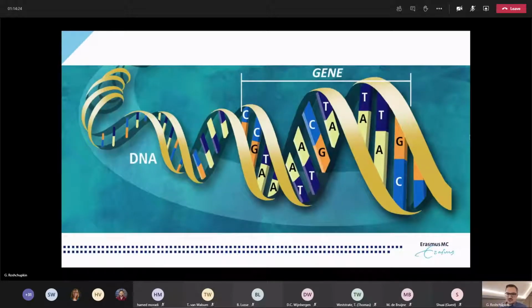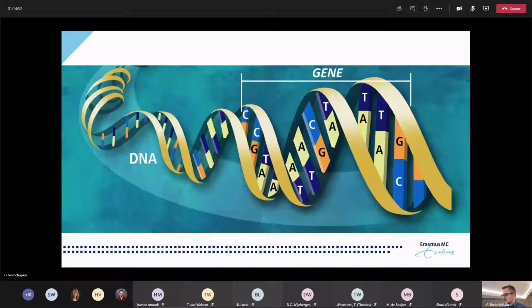To start with some basic background, probably from high school: in your nucleus you have the double helix structure of your DNA, which consists of coding letters, nucleotides, and they encode not only genes but a lot of information, known and unknown.